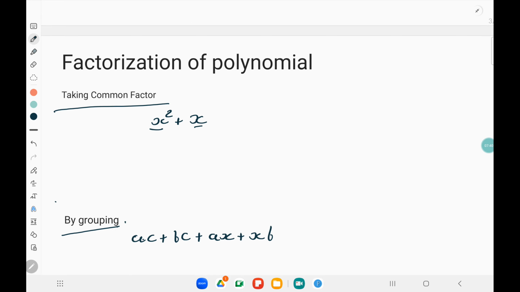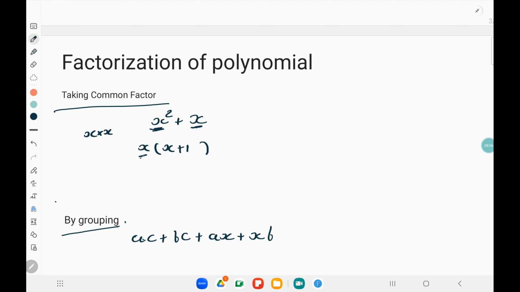So here, x squared and x, what is common in both of them? x is common. Here x squared means x times x. So 1 x we take as common, and out of x squared, if 1 x goes outside, what remains inside? Only x. And the second term has only x, and that goes outside as a common, then what remains? Nothing, meaning 1.